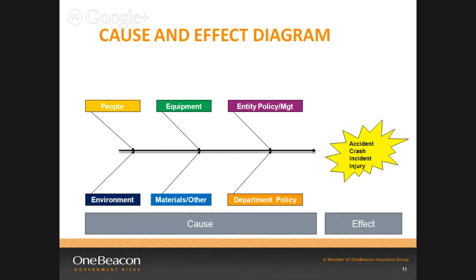A couple of underlying reasons, and we're trying to get to those root causes, right? We're trying to make sure we're identifying the right areas so we don't have that same type of accident again.